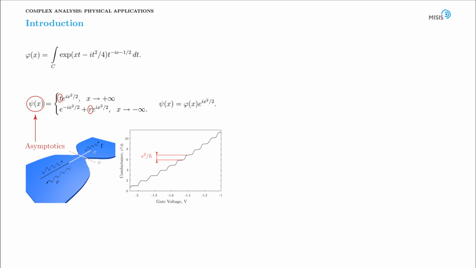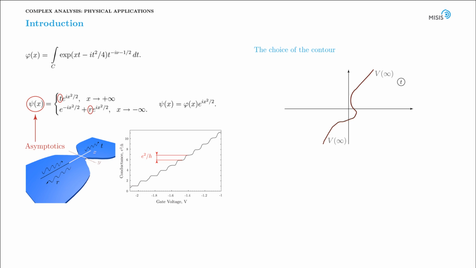Now we come to the most interesting and non-trivial part of our story, the choice of the contour. Usually, it's way easier to integrate along the infinite contour of integration. So one generally prefers to stretch the contour in such a way that both ends lie at infinities in the complex plane. Keep in mind that v function assumes identical values at these distant points.